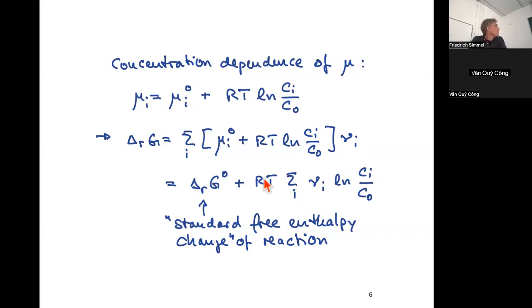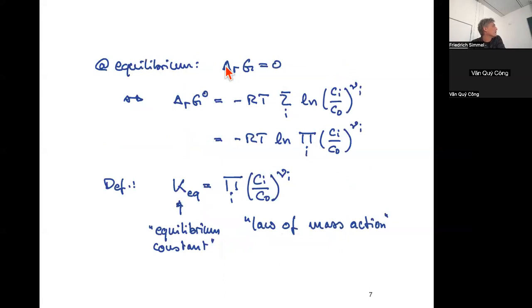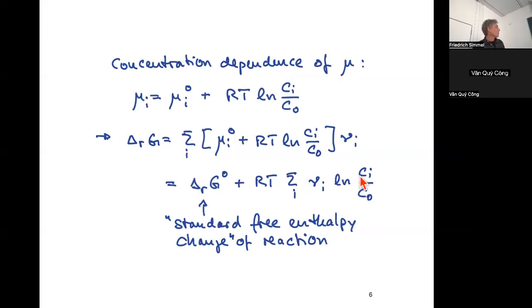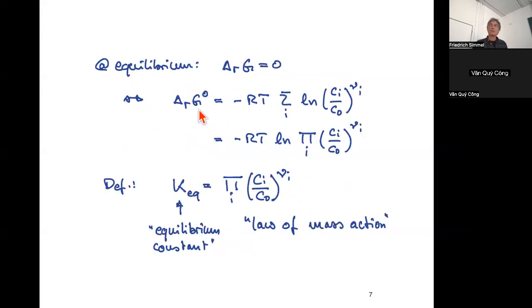And now we come back to the equilibrium thing. So at equilibrium, we have already said that this delta, the free energy change, must be 0. So you just solve this equation for delta RG 0, and that tells you that the standard free energy change is related to the concentrations via this expression. And now the definition of these coefficients comes in handy, because here you have a sum over logarithms.